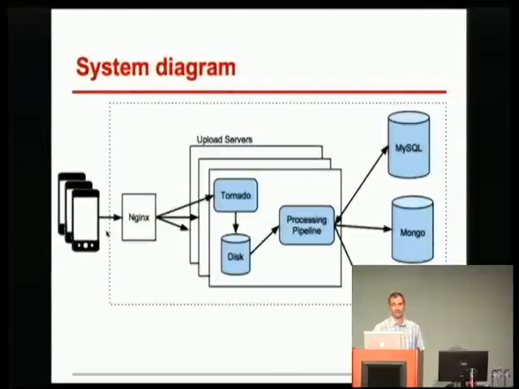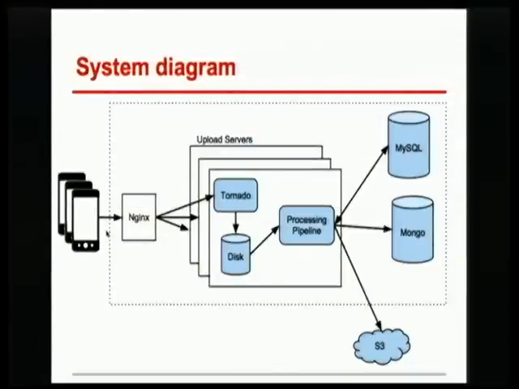So high level, it's actually pretty simple. I like keeping things straightforward. Our users are uploading these pictures to our backend. It goes through Nginx, so we use Nginx for load balancing. And then we have a cluster of upload servers taking these pictures.